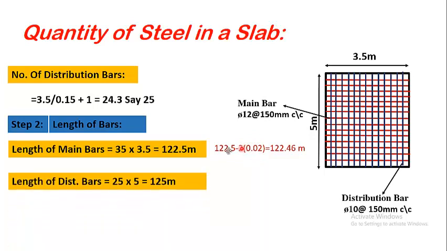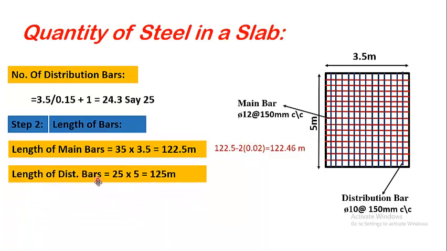For the length of distribution bars, we will multiply 25, which is the number of distribution bars, by 5, which is the length of each distribution bar. We will get 125 meters. Similarly, by subtracting clear cover, we will get 124.96, which again is a very small difference.